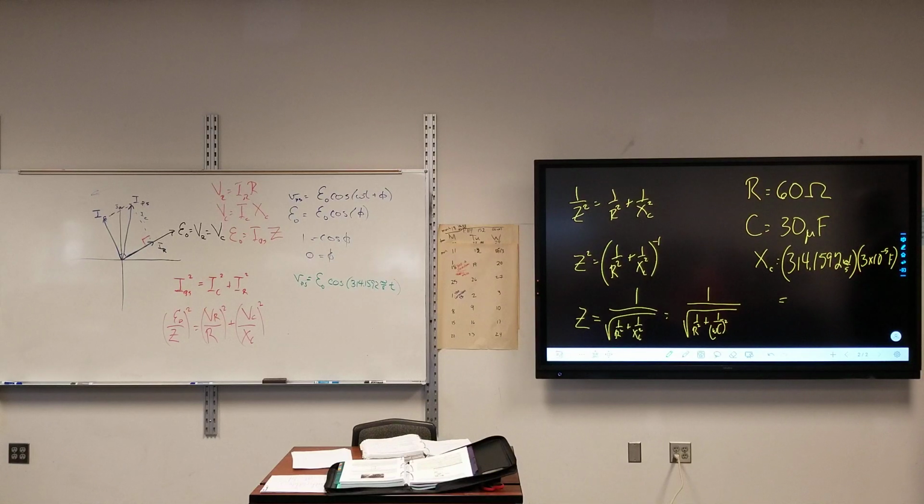So what is the capacitive reactance? 0.0094. 0.0094. Yeah.